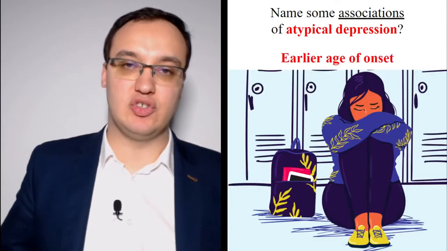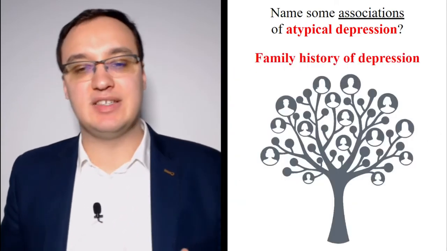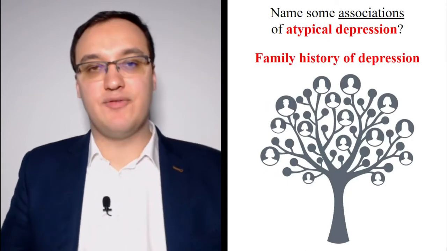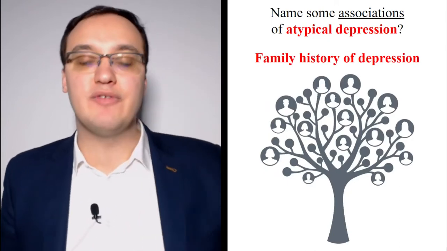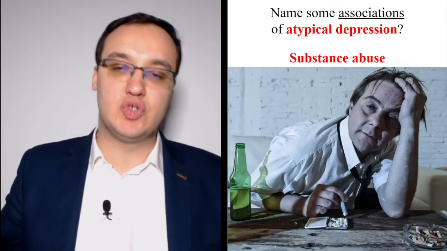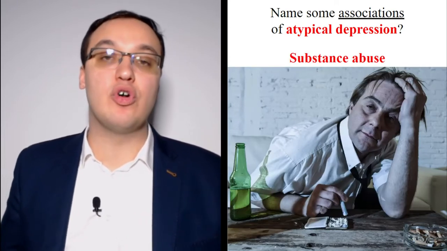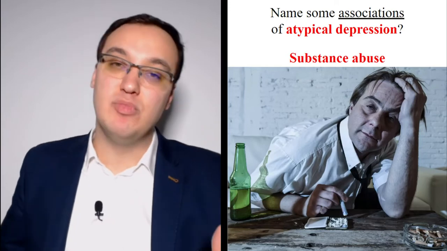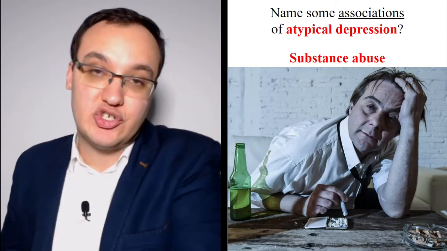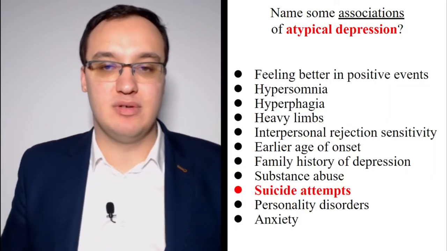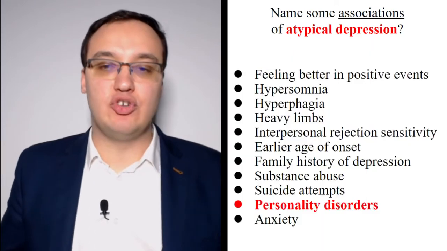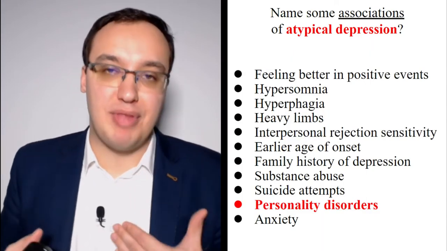Earlier age of onset, so teenagers. Family history of depression, so ask if your mother or father had it, or a grandfather, and so on. Substance abuse, these are atypical ones, so the alcoholic patients, or patients who are depressed and then turn to alcohol for assurance. They feel better. Suicide attempts, these are atypical depression, actually, thank God.